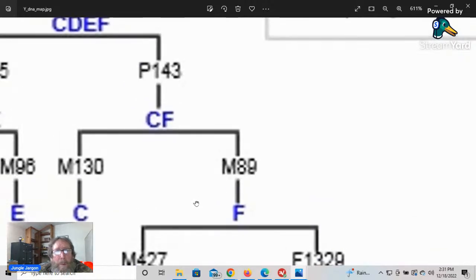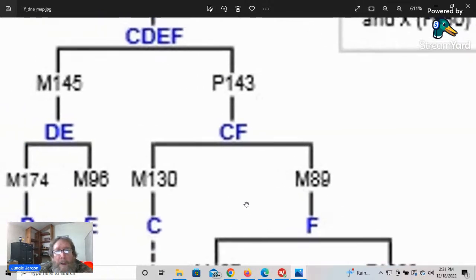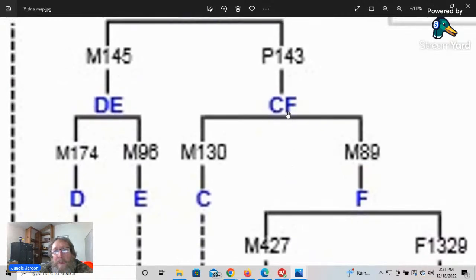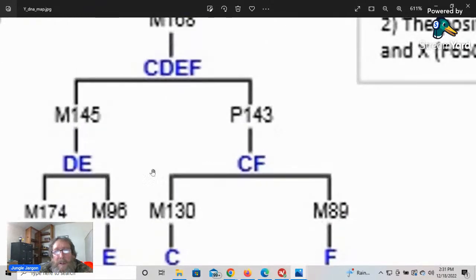So these would be the Semitic population starting with F. And the same thing with C. C turns out to be, then probably, the prediction is that C would be Nimrod. He's the oldest son of Cush, who is the oldest son of Ham.